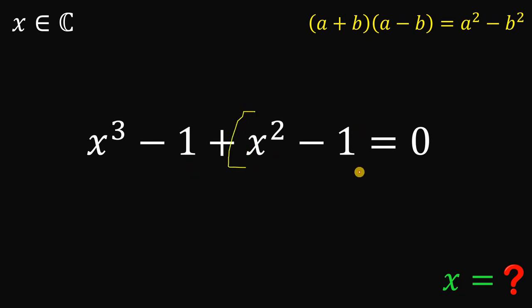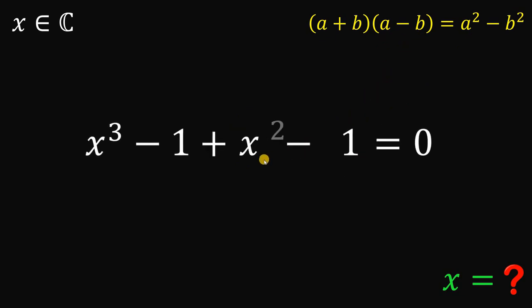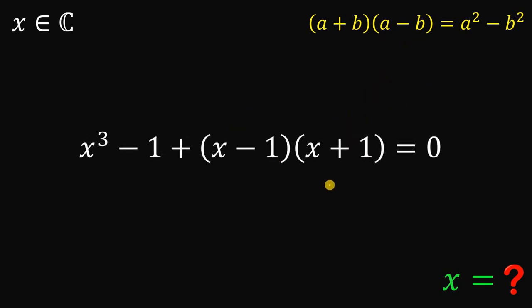Now, this x squared minus 1, we can use this identity. This is simply a squared minus b squared, because we have x squared minus 1 squared. So we can factor this as a plus b times a minus b, or x plus 1 times x minus 1. Alright, so using this identity.